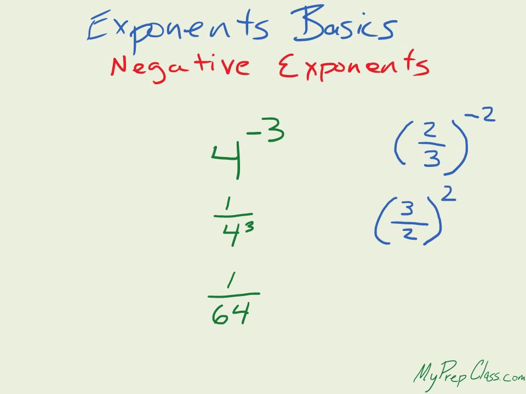And this lets us talk about how to raise a fraction to a power. All you have to do is raise the numerator to the same power and the denominator to the power. So I'm dealing with 3 squared over 2 squared. So the answer is 9/4. So that negative exponent causes you to invert the fraction.